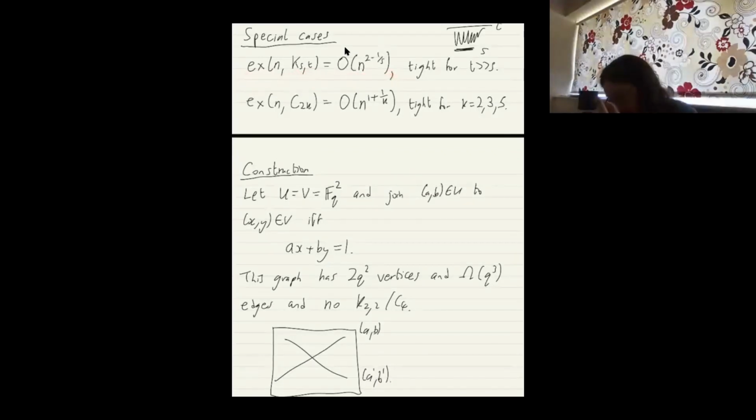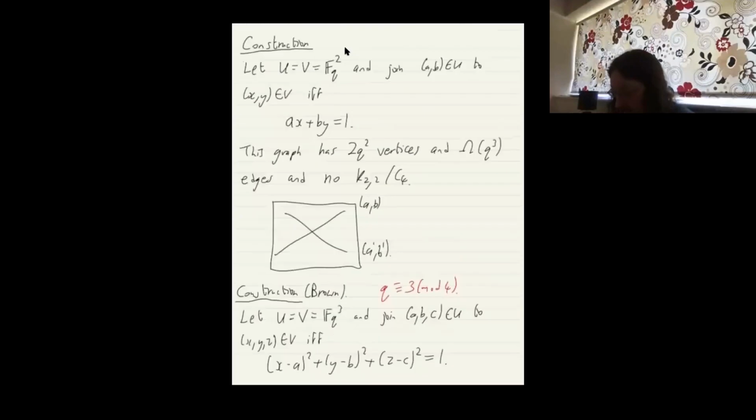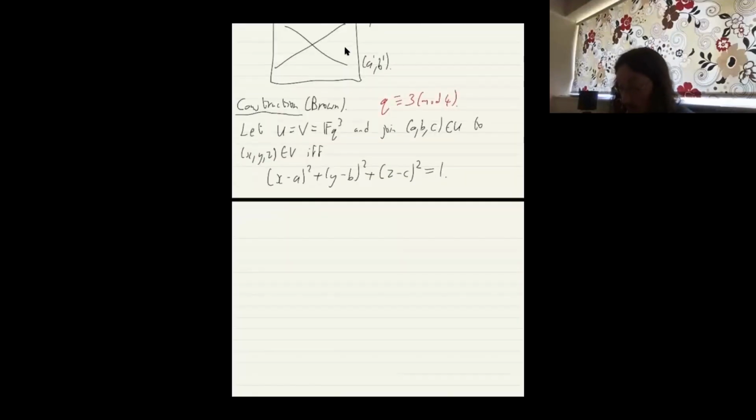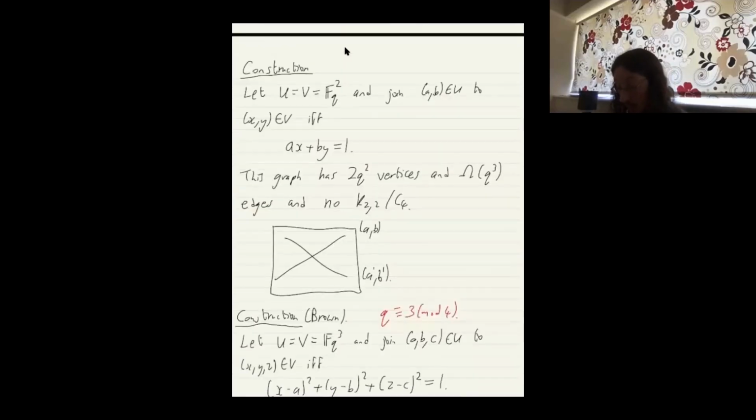Okay, so obviously the thing to do now is to just generalize this, right? And the generalization is, in some sense, obvious. So if we're talking about s, then we would like to take U and V to be F_q to the s. So that worked well when s was 2 and when s was 3.